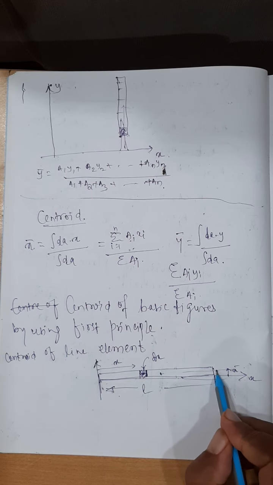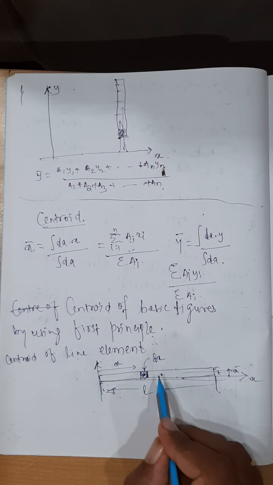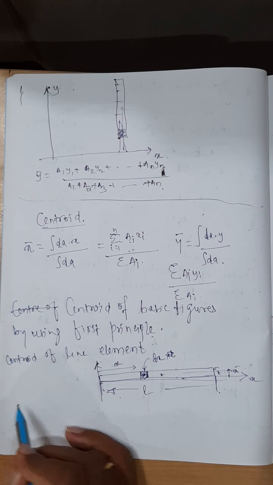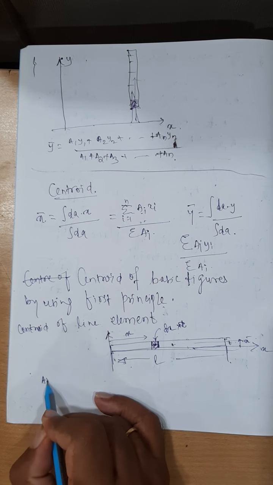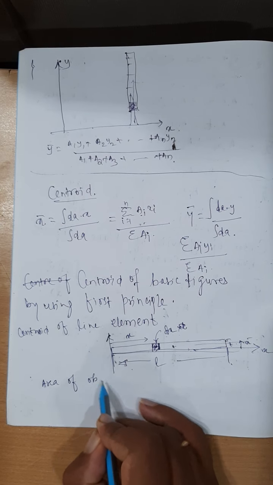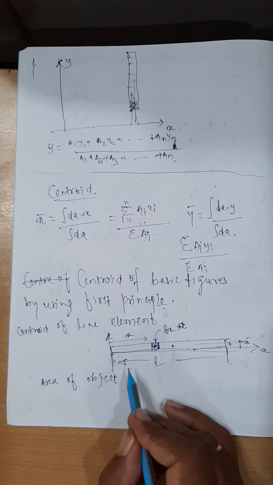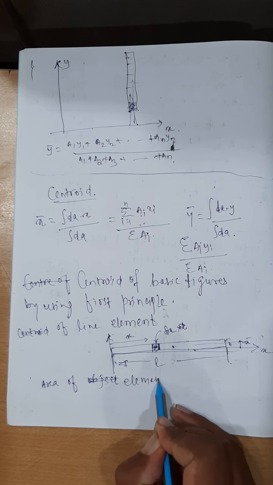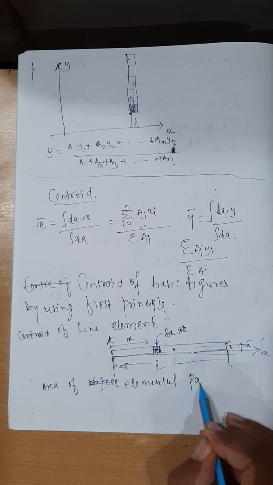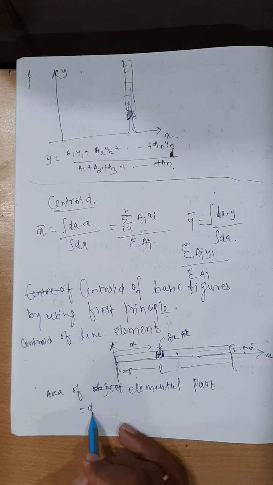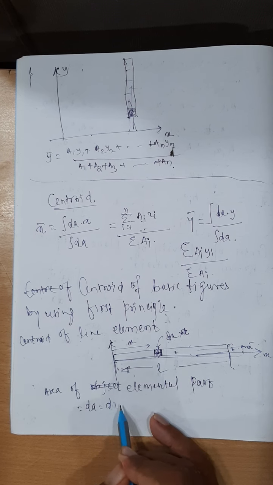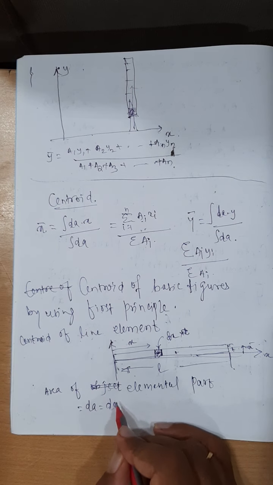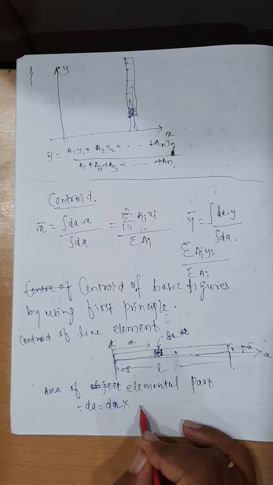If I take the height of the object as small t, then the area of the elemental part is dA, equal to dx into t.